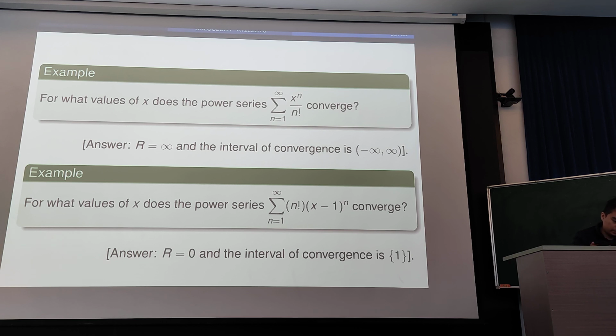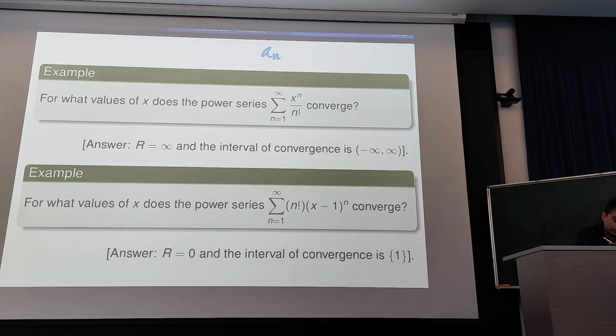Using the same idea, you are able to consider two examples. For this power series, we need to find the radius of convergence and the interval of convergence. Let's see which type of test we should use for the first step, ratio or root test.